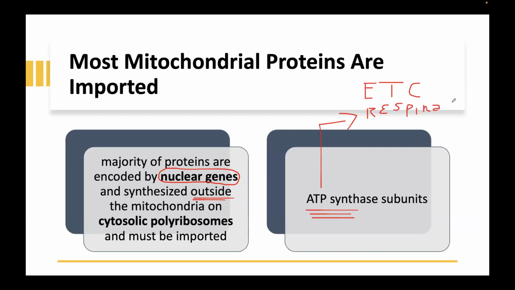This occurs in the inner mitochondria. Now, how many complexes does the electron transport chain have? It has 5. Which complex is ATP synthase? Very good. This is complex 5.